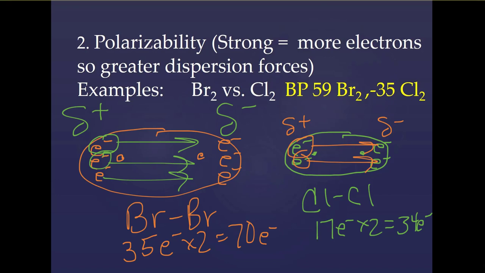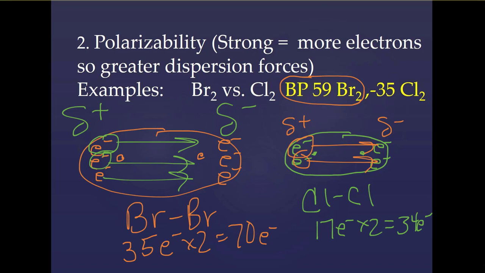Now let's look at the boiling points of these. Bromine boils at 59 degrees. That high temperature reflects the strength of that dispersion force with all those electrons that are able to shift around.